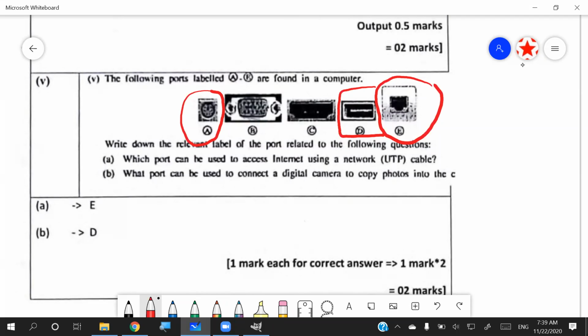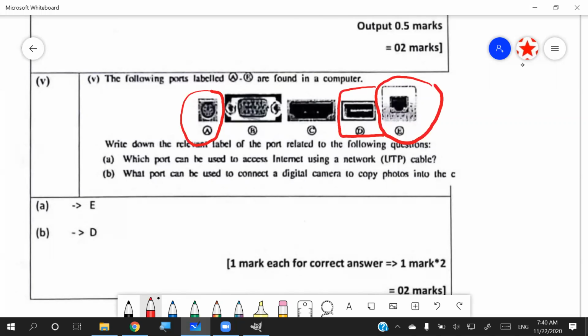And D is the USB, where we connect mouse, keyboard, and the digital camera in this scenario, through a USB port. And the other one is the HDMI, which we use to connect a modern monitor, projectors and all these things. The VGA cable goes the same way.